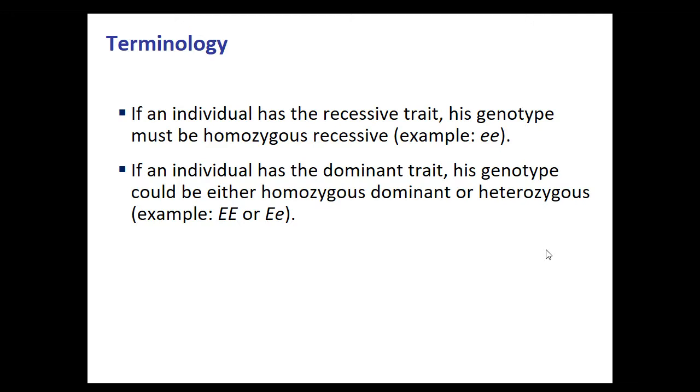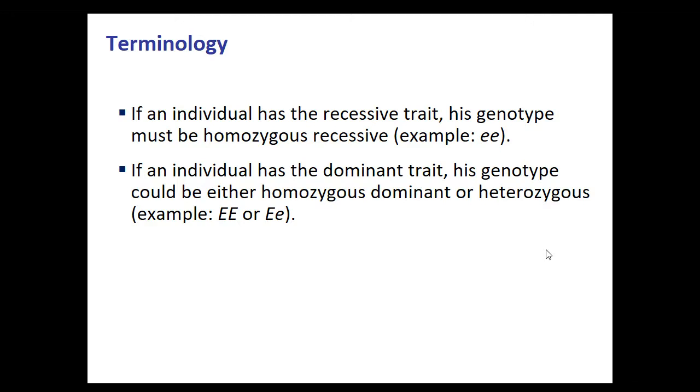So that means in the case of eye color, if I look at you and I see that you have blue eyes, I know what your eye color genotype is. It has to be this. You don't have any big B, because remember, big B is dominant, and that's for brown. So if you had a big B, you wouldn't have blue eyes. They'd be brown. So the only way you have blue eyes is if this is your genotype.